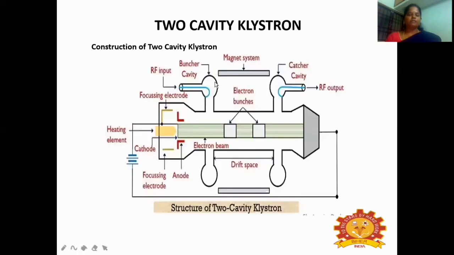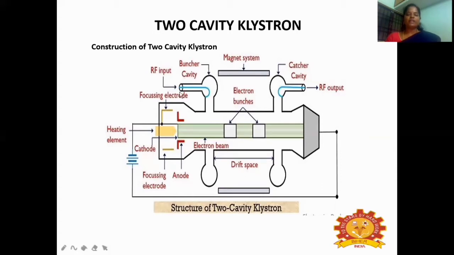The heating element generates the electron beam, that electron beam is accelerated by this anode, and the beam reaches the buncher cavity, then the catcher cavity, then gets collected in the collector. All the electrons will move with the same velocity, so the velocity will not change if we don't apply RF input.